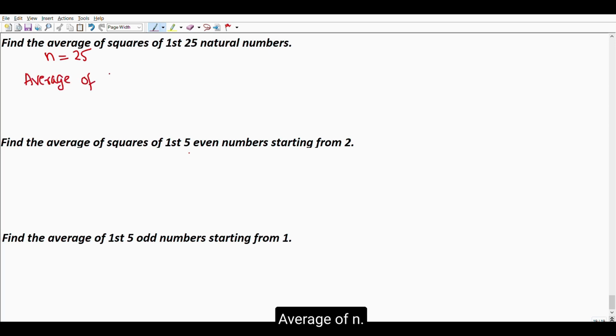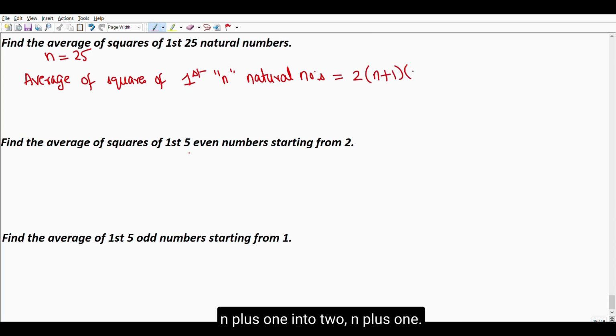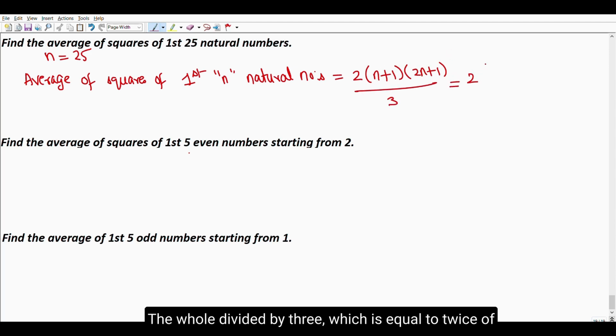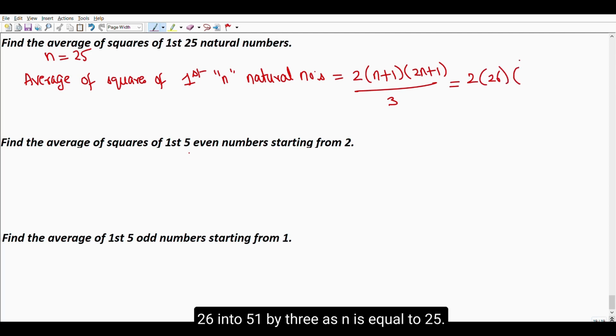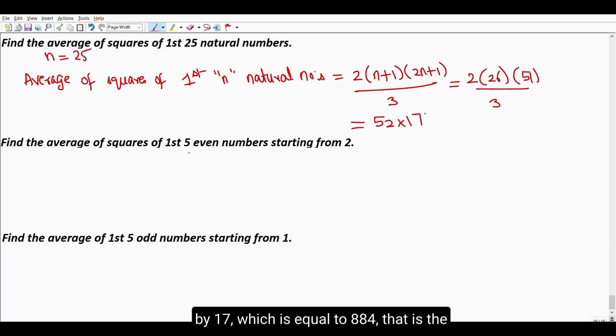Average of squares of first n natural numbers will be equal to twice of n plus 1 into 2n plus 1 the whole divided by 3, which is equal to twice of 26 into 51 by 3, as n is equal to 25 available from the question, which is equal to 52 multiplied by 17, which is equal to 884.